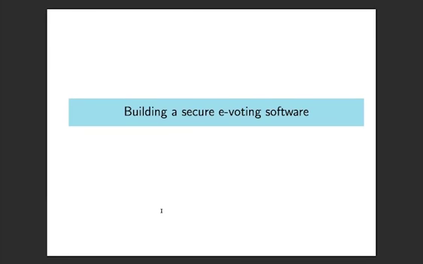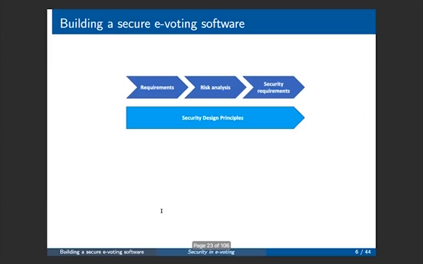Now, if we want to build a voting and e-voting software, and of course we want it to be secure, there are a few considerations that we need to make, as in any software. First of all, we expect to have a list of requirements: what the software is expected to do, the functionalities it should have.